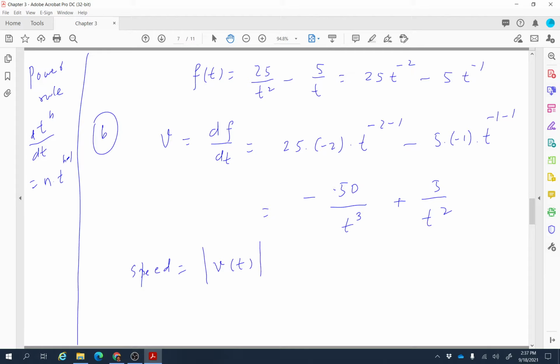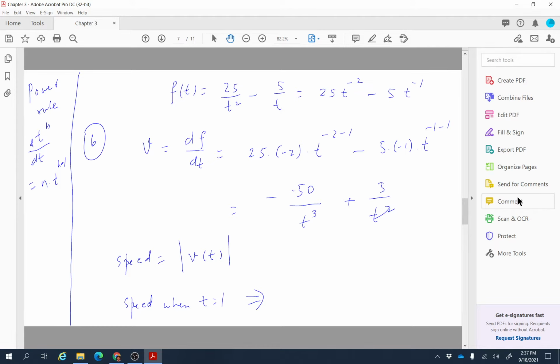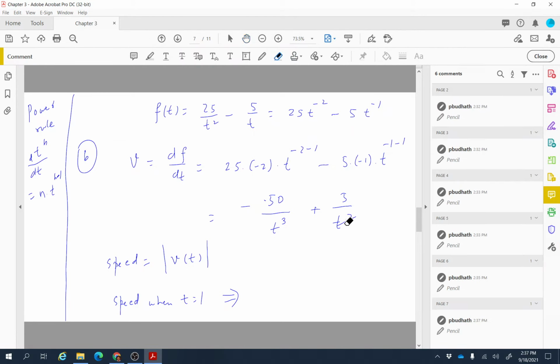We want to find out the speed at the endpoints, so that means what is the value of the speed when t equal to 1 and t equal to 5. You just have to plug the value of t equal 1 here and t equal 5 here and make it positive. That gives you the speed.